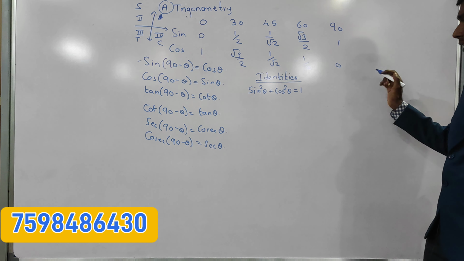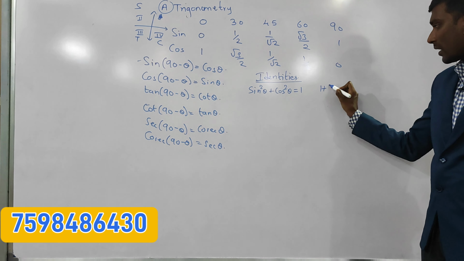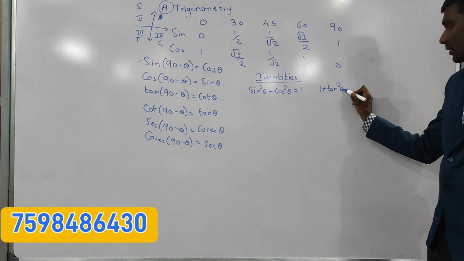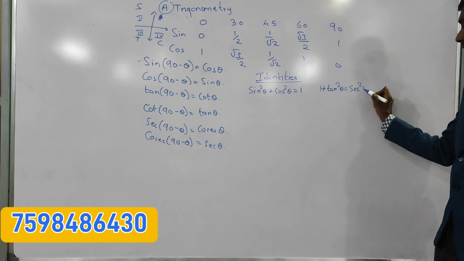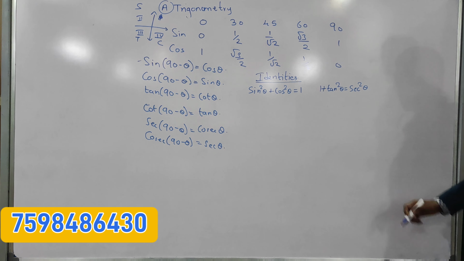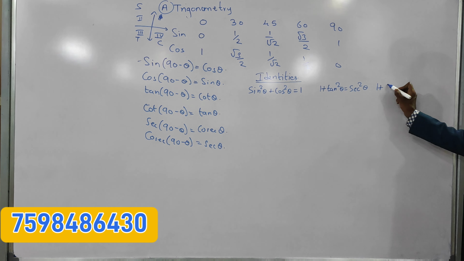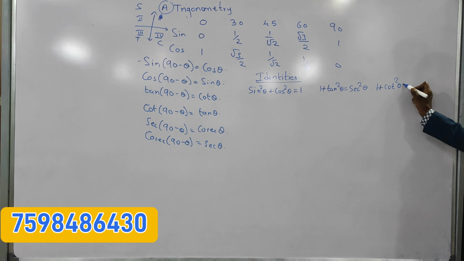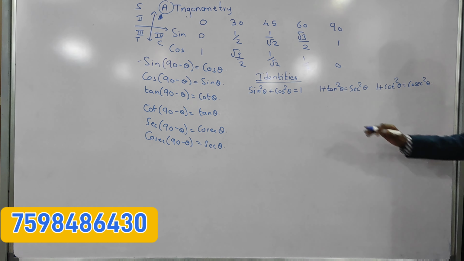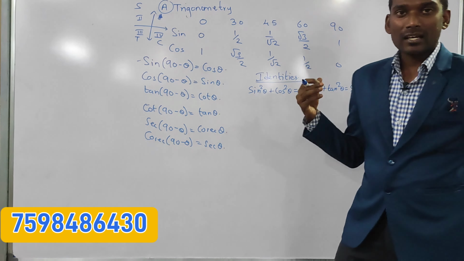And there is one more identity, that is 1 plus tan square theta is equal to secant square theta. And the next one is 1 plus cot square theta is equal to cosecant square theta. These are the 3 identities. With this many problems can be solved.